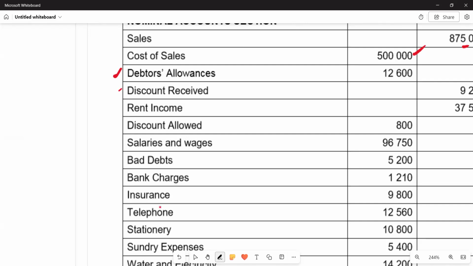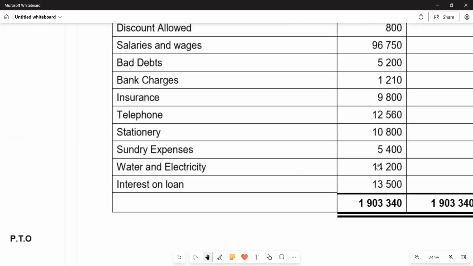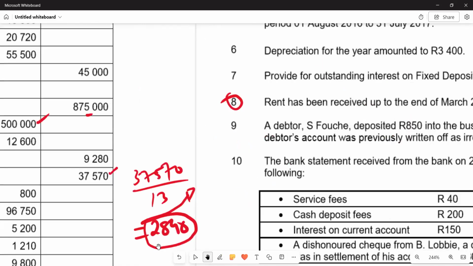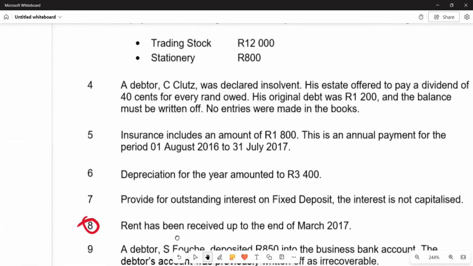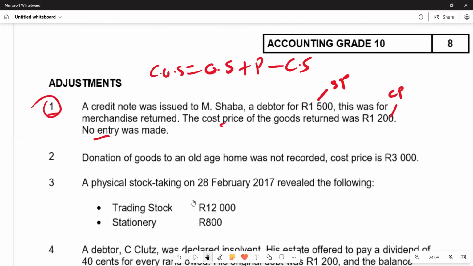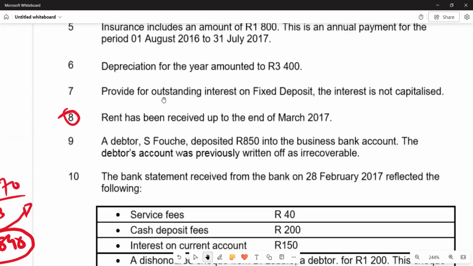Then we look for another going down. I would see that we don't have any other income in the question. You go again to additional information to check if you have got any other income stated there. You start from additional information number 1 going down, searching for any income.